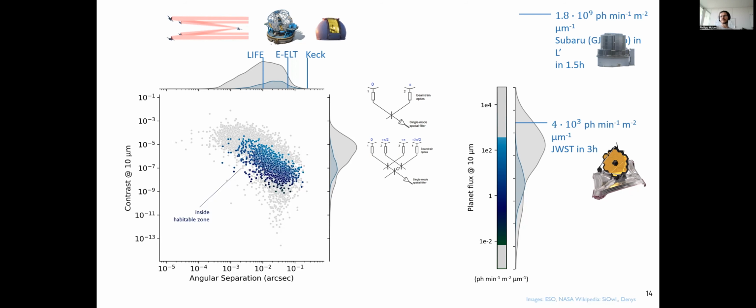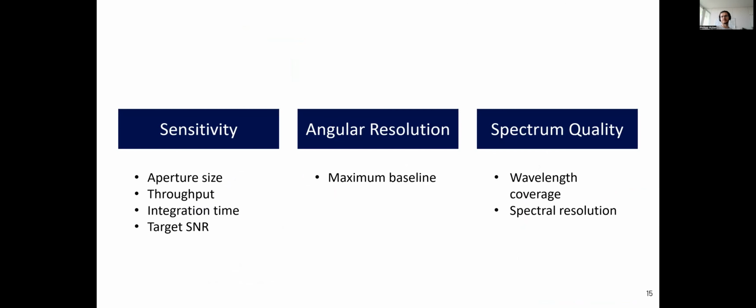So I'm telling you all of this so now we can go to the next slide, because I think we can basically put our low-level mission requirements that we need to define into 3 boxes. The first one is the sensitivity box, and the sensitivity is usually defined either by aperture size or by throughput or by integration time or by setting a target signal-to-noise ratio.